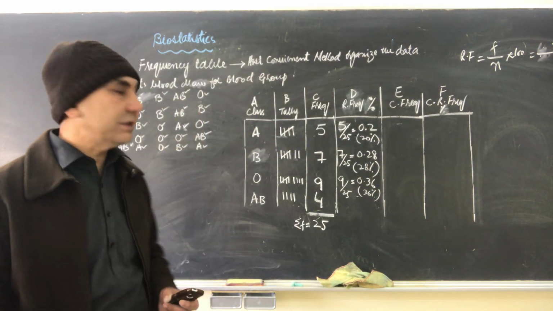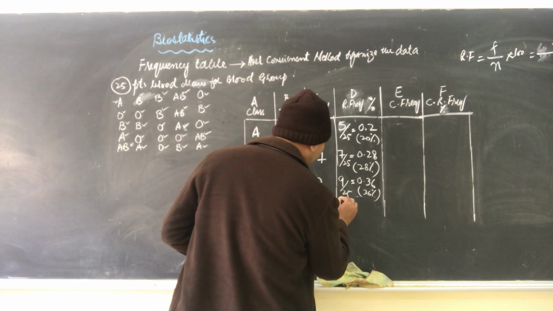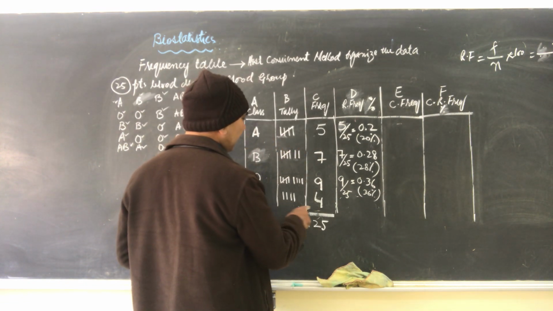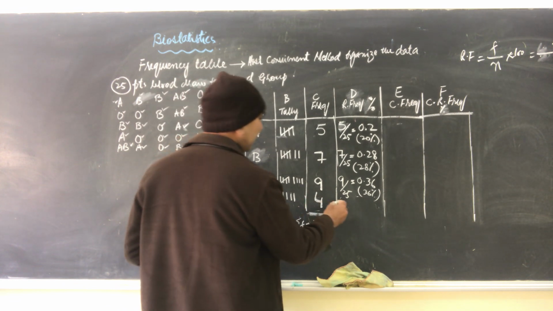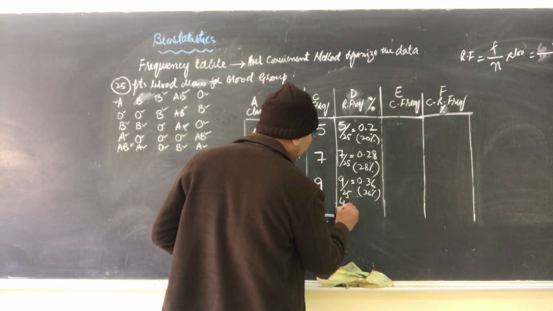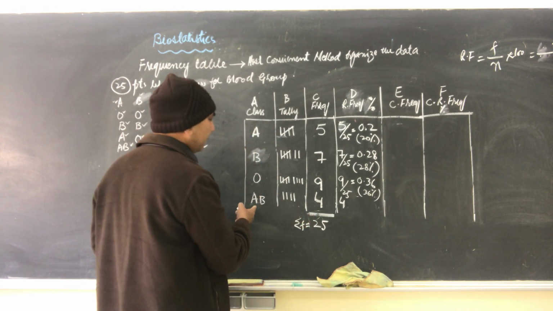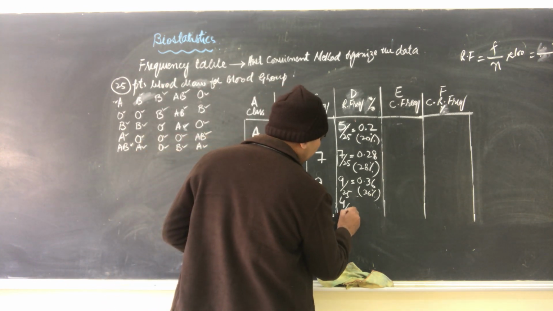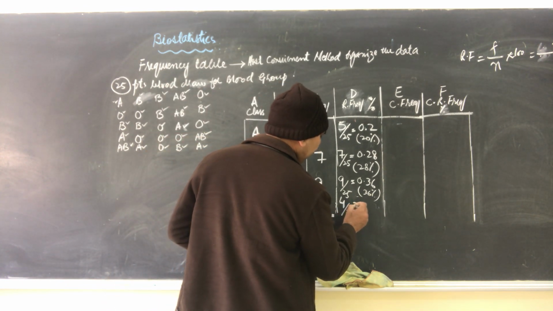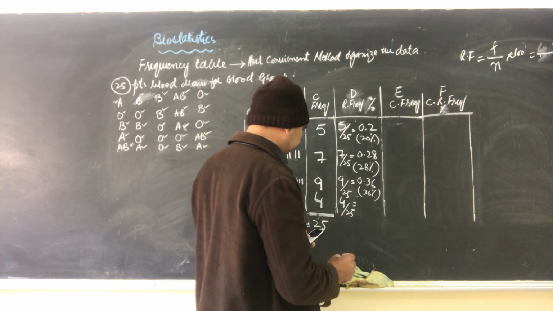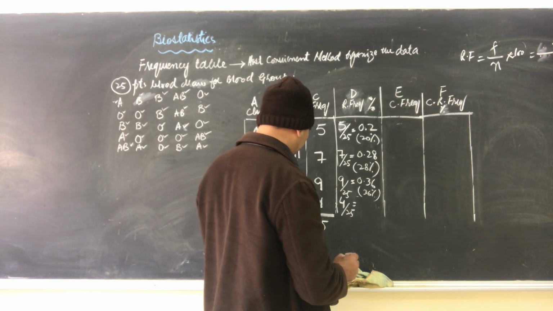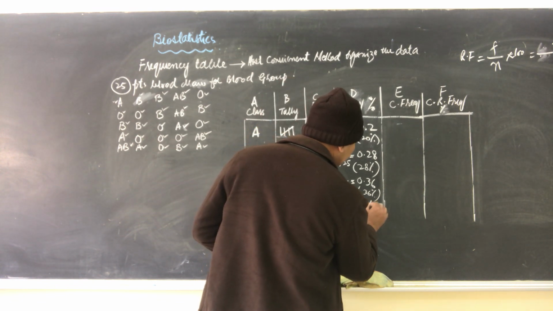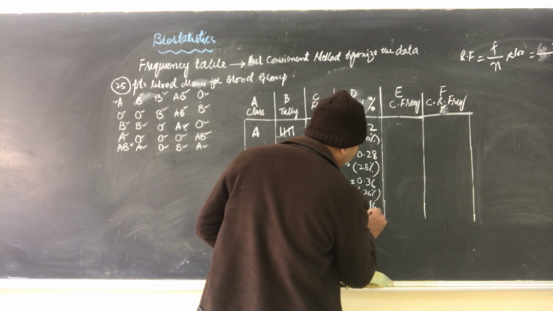0.36 means 36%. Now 4, the blood group AB: the frequency is 4, so 4 patients have blood group AB among the 25 patients. 4 divided by 25 is 0.16. 0.16 means 16%.